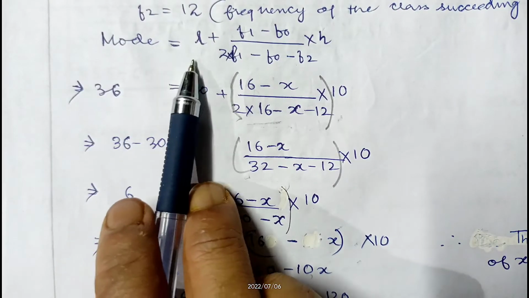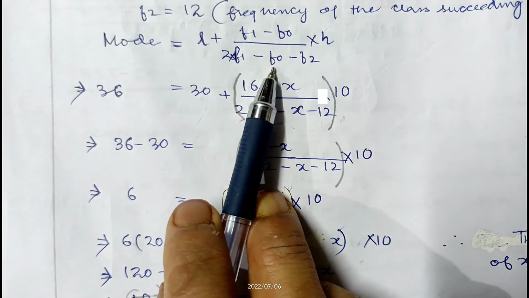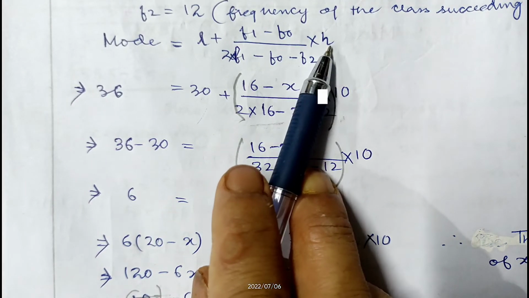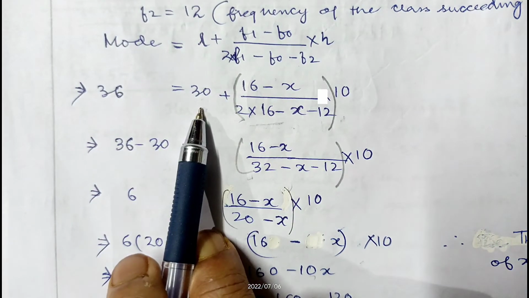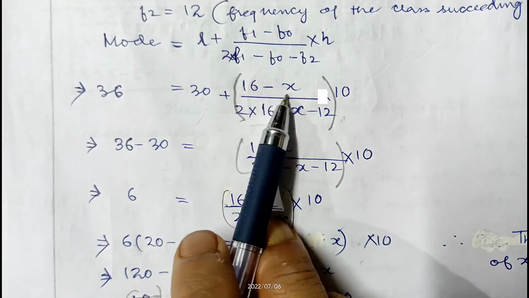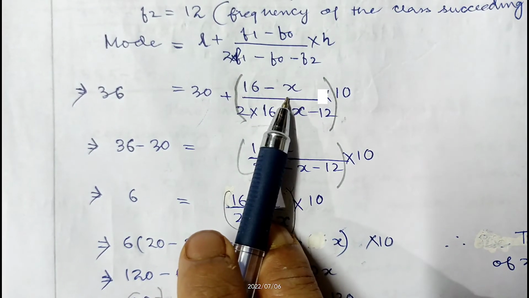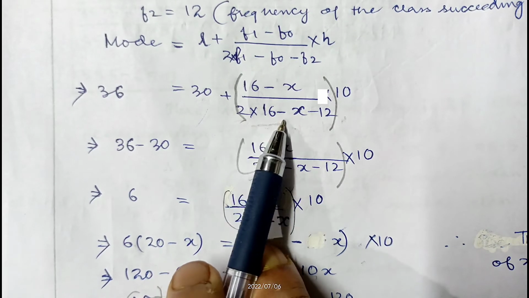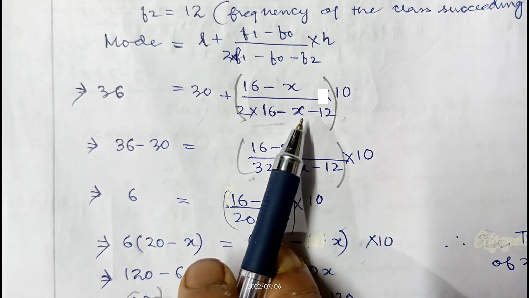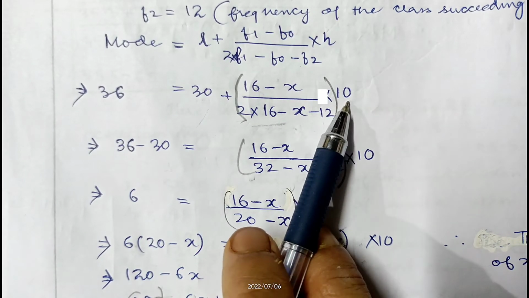Now we are going to use the mode formula to calculate x. We know mode is L plus (F1 minus F0) by (twice F1 minus F0 minus F2) into H. Here mode is given as 36, L is 30, plus F1 minus F0. F1 is 16, but F0 we don't know, we have considered it to be x. Twice F1, so 2 into 16, minus F0, which we considered x, minus F2 which is 12, into 10.